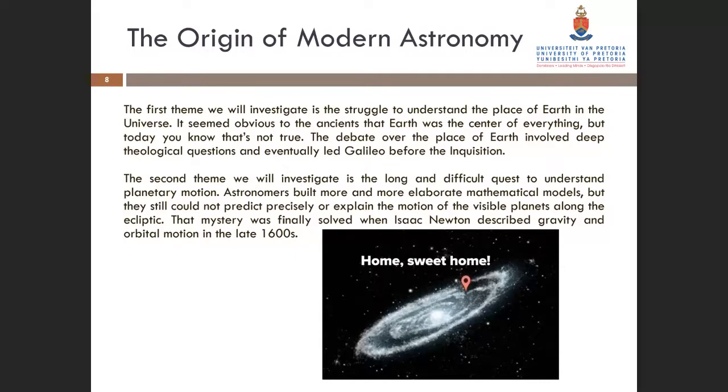The second theme we will investigate is the long and difficult quest to understand planetary motion. Astronomers built more and more elaborate mathematical models, but still could not predict precisely or explain the motion of the visible planets along the ecliptic. That mystery was finally solved when Isaac Newton described gravity and orbital motion in the late 1600s.